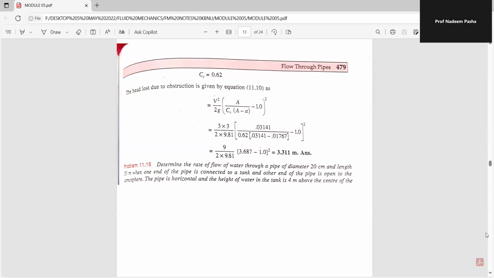V, velocity, is 3 into 3. 2 into g is 9.81. Area is 0.03141. Cc, coefficient of contraction, is 0.62. Again, A is 0.03141 minus small a, which is 0.1767.